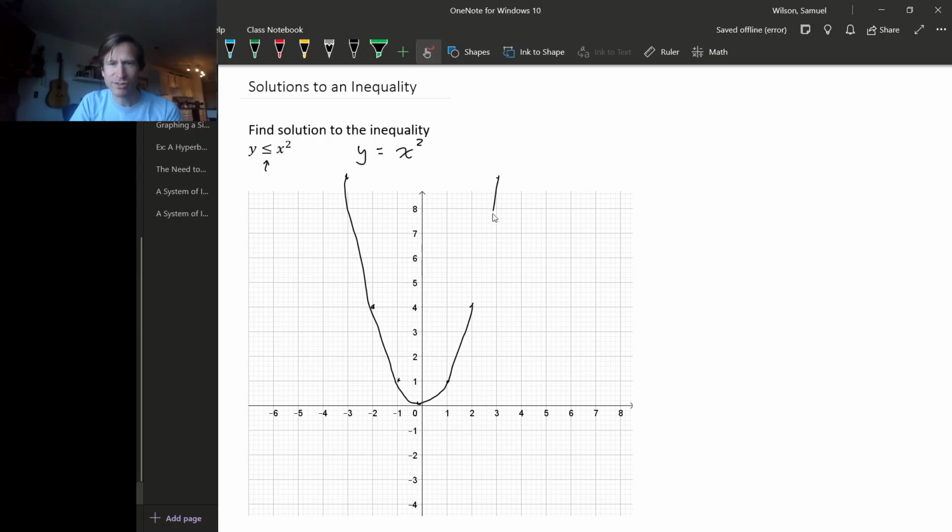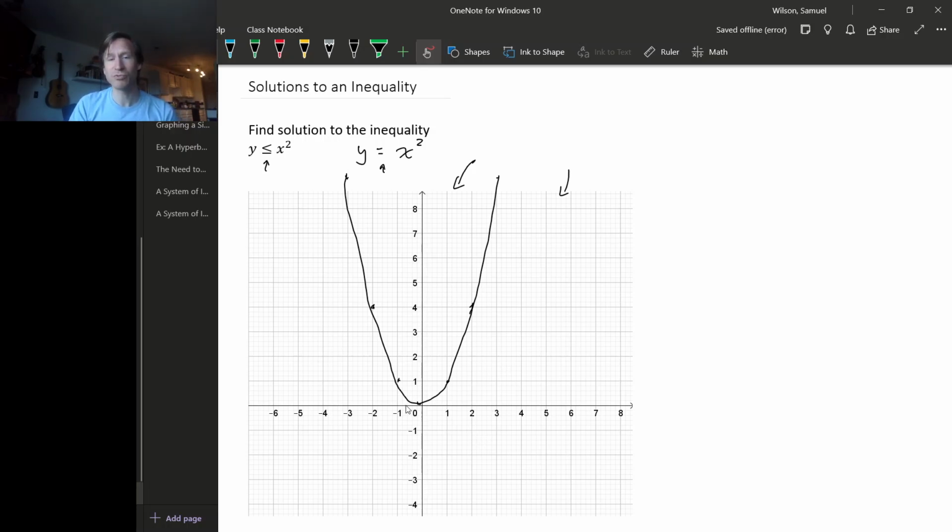And the reason that it's a good idea to draw this parabola where y is equal to x squared is because this curve will separate places where y is less than x squared and where y is bigger than x squared. So we kind of expect that one side of this curve will be full of solutions and the other side will not be solutions. We just need to figure out which is which.